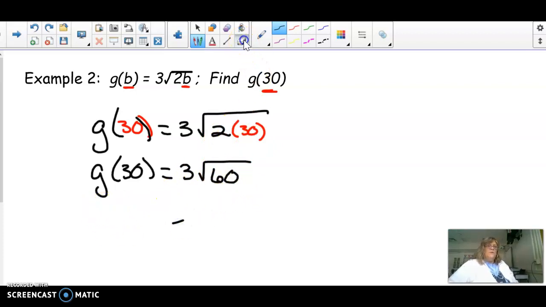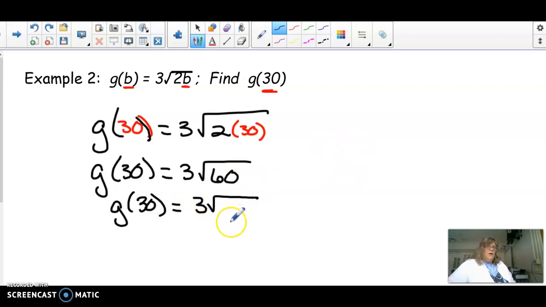Now you have to remember some of your rules for simplifying perfect squares. So let's see if we can figure out a couple of them. I know that 4 times 15 gives me 60. So this is a perfect square that can come outside. The square root of 4 is 2.